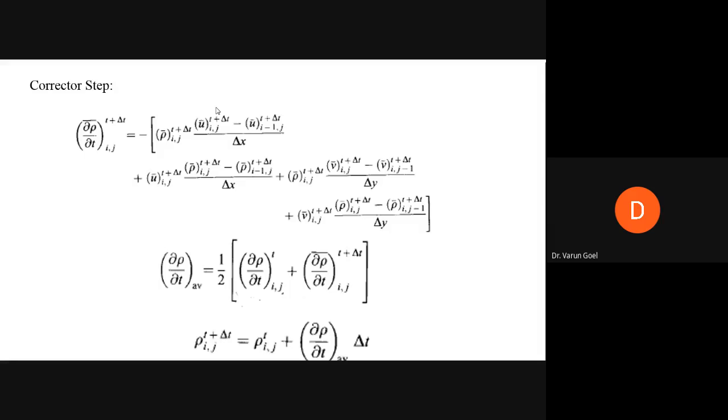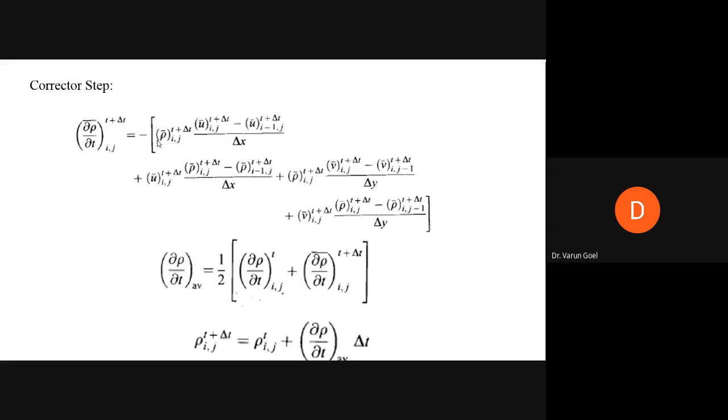So we are not compromising with the accuracy, and we are getting results which are consistent, and with the help of this we are able to get the solution without going towards the del square rho by del t square at i,j,t.